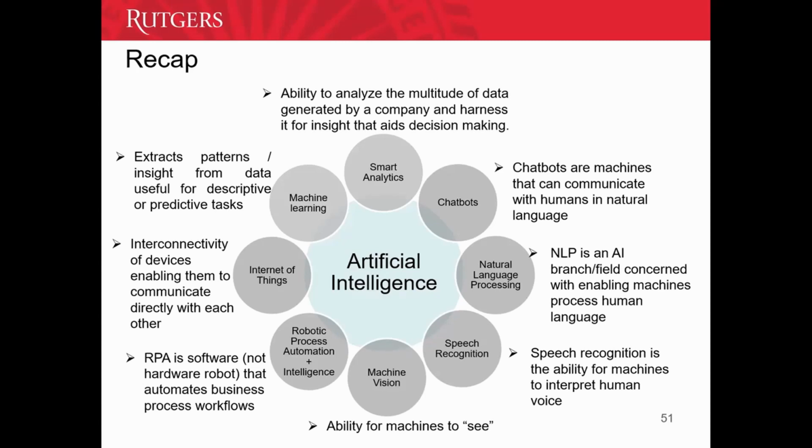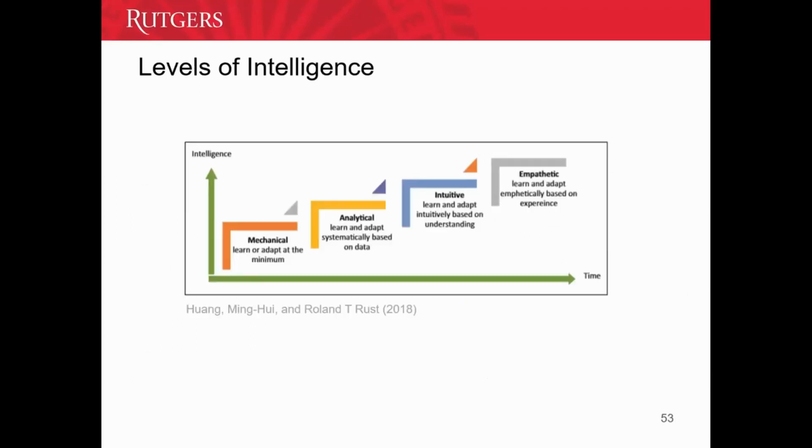Machine learning is this technology that enables AI to extract patterns and insights from data, which are useful for both descriptive and predictive tasks. And remember here, I gave the example of Netflix and Amazon recommender apps, which are very good at being able to learn customer trends and being able to recommend products to customers. And then smart analytics, lastly, is the ability to analyze a multitude of data generated by companies for insight.